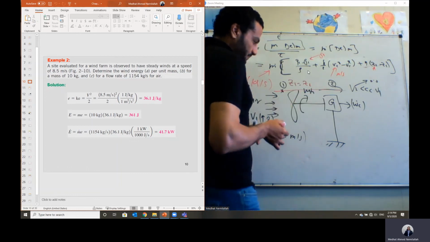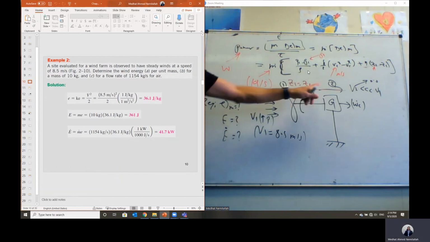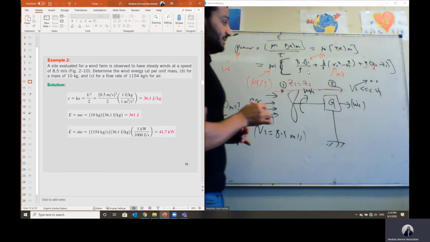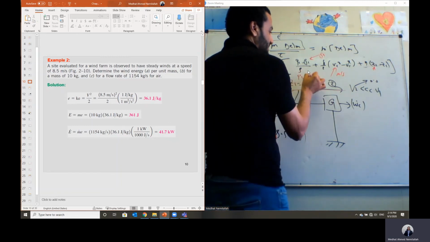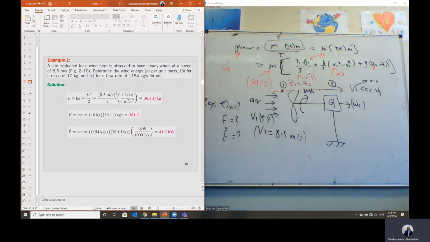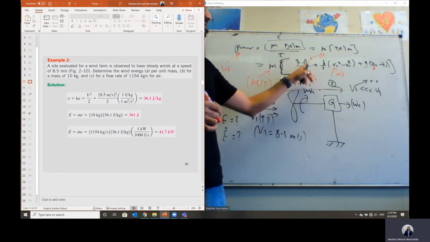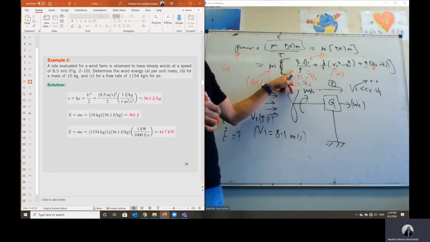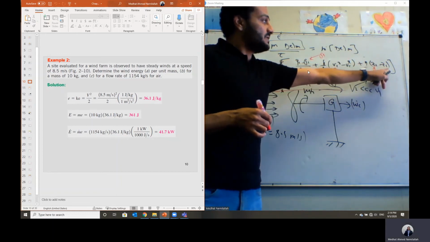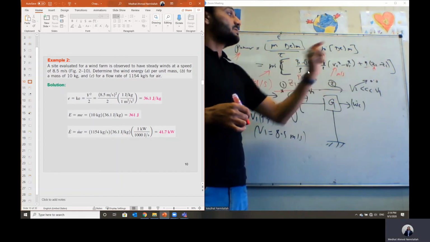Also, the fan is fixed in the atmosphere, so the pressure P1 is the same as P2. So the change of mechanical energy of the flow will equal what? P2 minus P1 over rho. P2 is the same as P1, so this term is not there. Elevations Z1 and Z2 are the same, so this term is not there either.